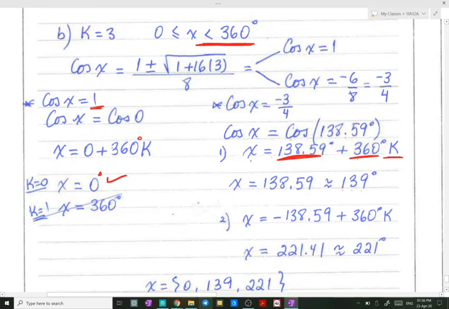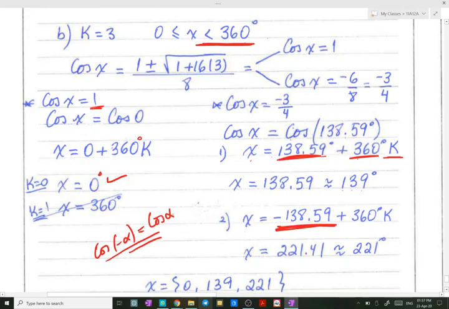We take the second choice for cosine, because cosine of minus alpha is equal to cosine alpha. So this is why we have to take the positive angle, and then we have to take the negative angle.